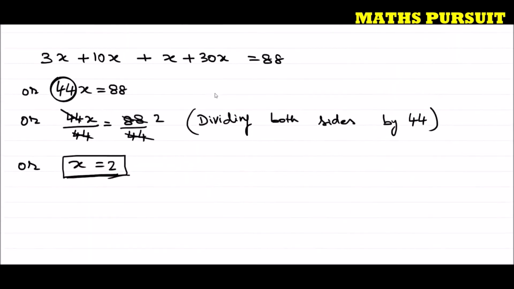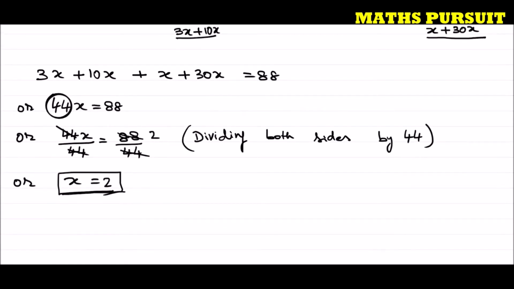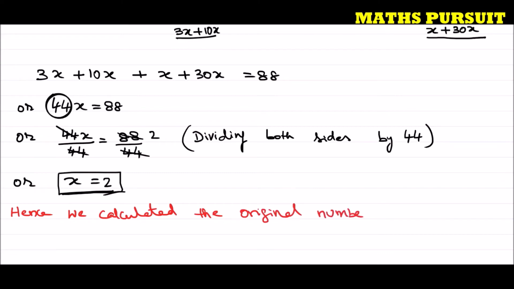Hence the original number we calculated to be either 26 or 62. Both ways, guys. Either it could be 26 or 62. Hope you understood this. This is how we need to answer this type of question.